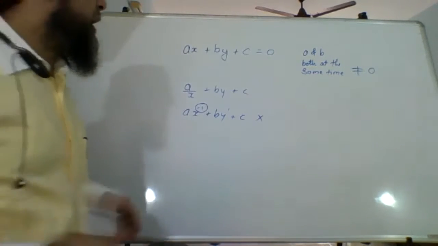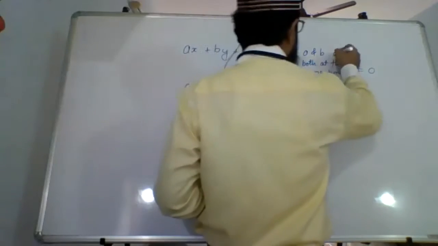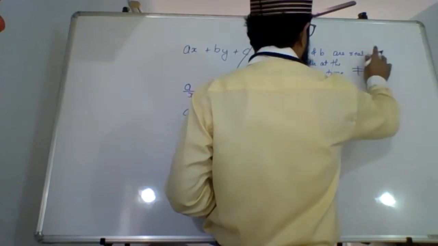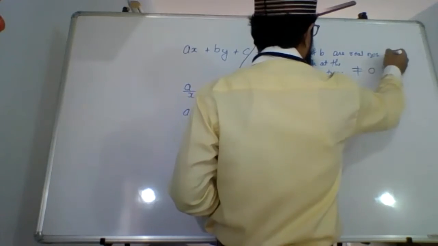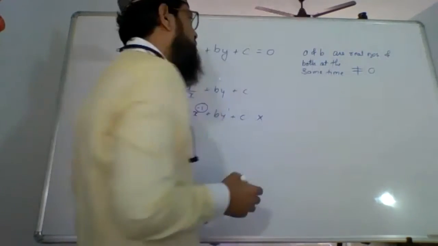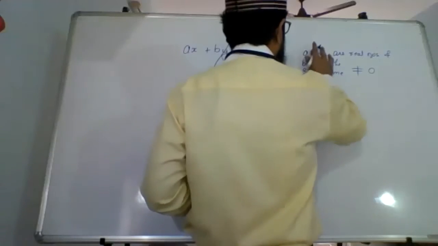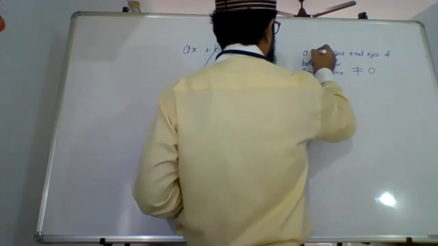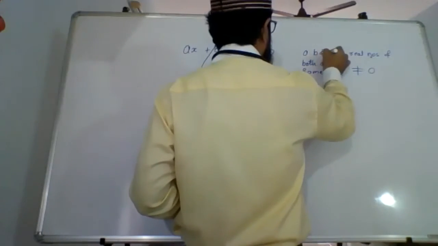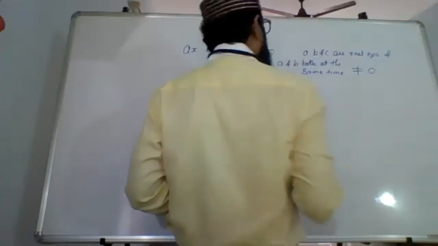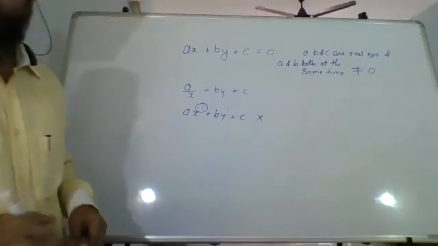Okay, a and b are real numbers, and in fact a, b, c all are real numbers, and a and b both at the same time are not 0.